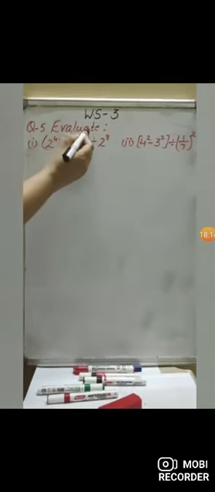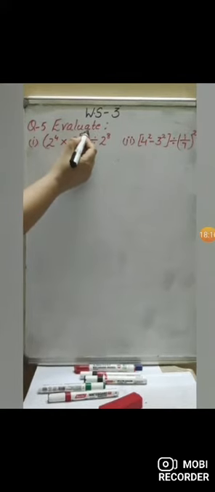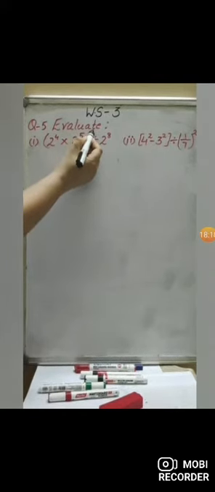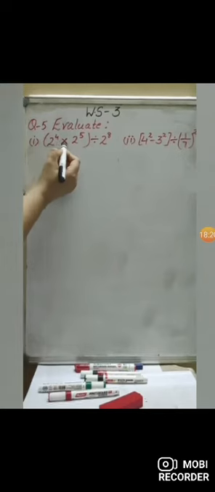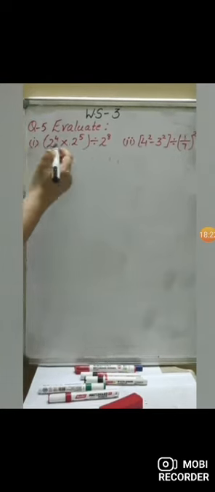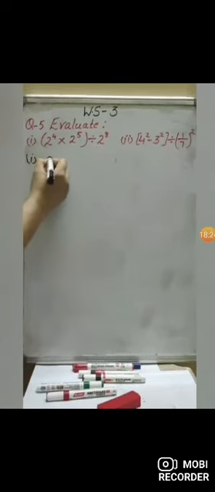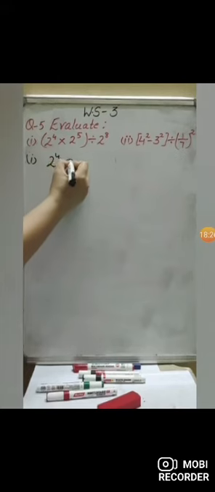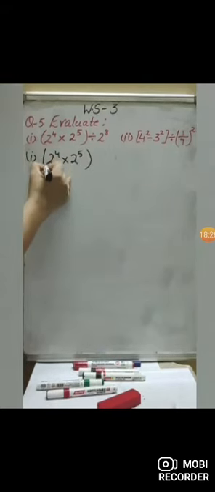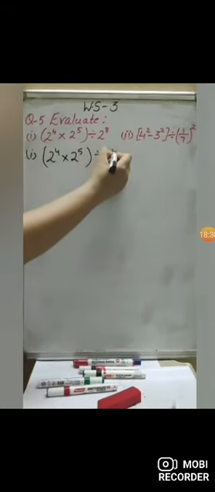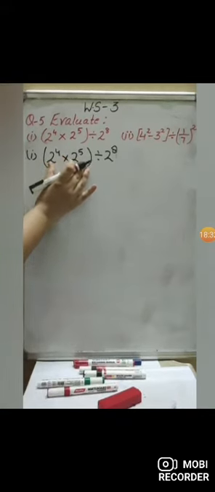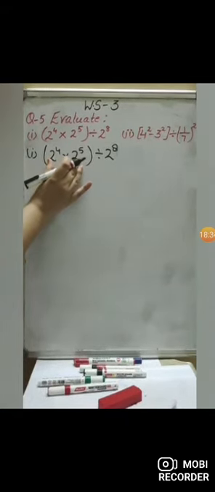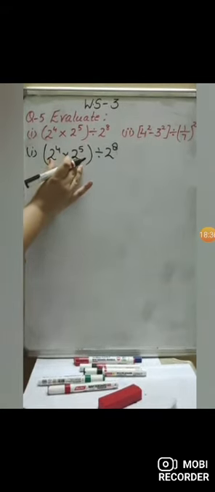Next question is evaluate. Evaluate means we have to find the value, means to find the value of given expression. Now come to the first part. It is (2 raised to power 4 into 2 raised to power 5) whole divided by 2 raised to power 8. So firstly solve this bracket. In this bracket bases are same.